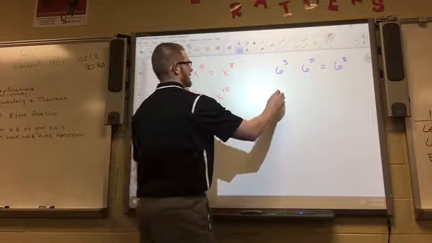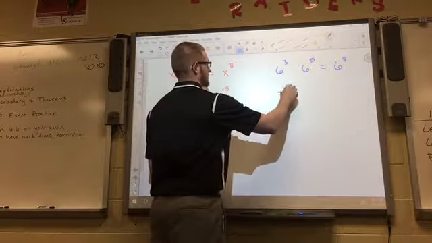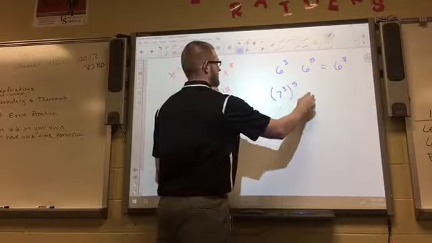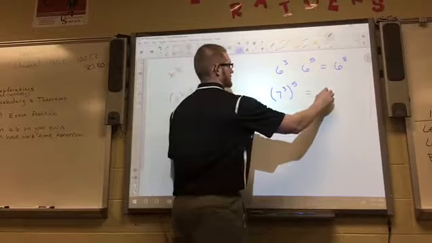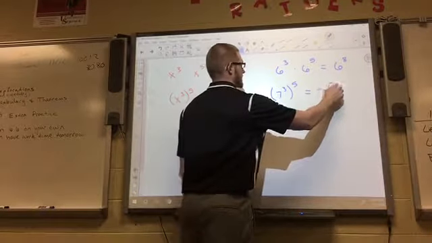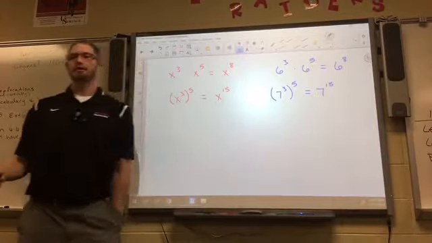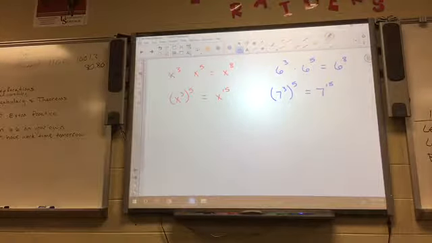Same thing: if I have 7 to the 3rd to the 5th, that's equal to 7 to the 15th. I don't have to take 7 to the 3rd and then raise it to the 5th power. I can multiply those exponents first and just have 7 to the 15th.